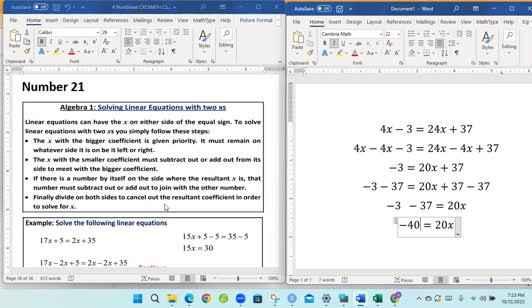Now, finally, divide on both sides to cancel out the resultant coefficient. The resultant coefficient is 20. So we have to divide on both sides to cancel out 20. We divide 20x by 20. We divide negative 40 by 20.